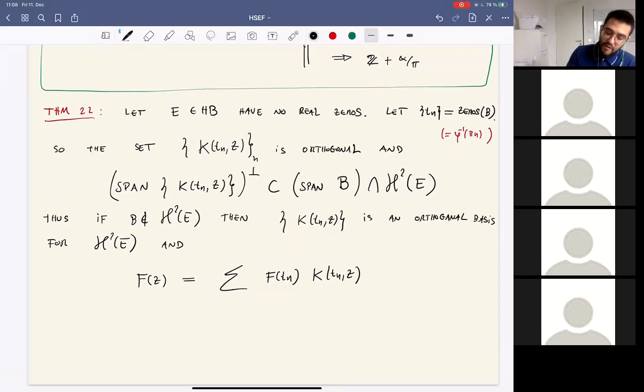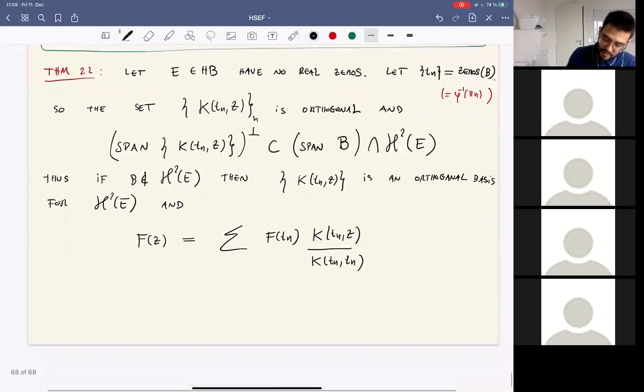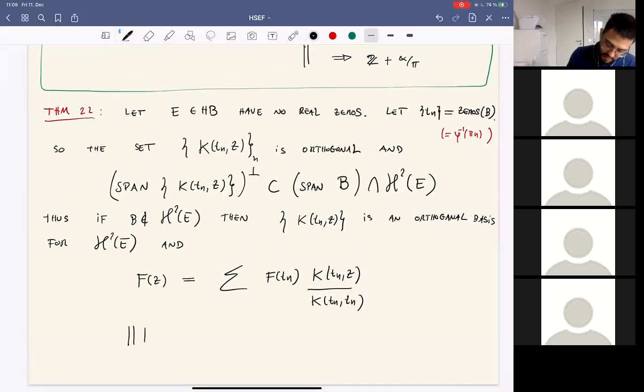So that would make this basis an interpolation basis. And you have to divide by the squared norm of the basis element, which is this. Therefore we can compute its true norm in the space. We just compute it term by term, and that would be exactly this.